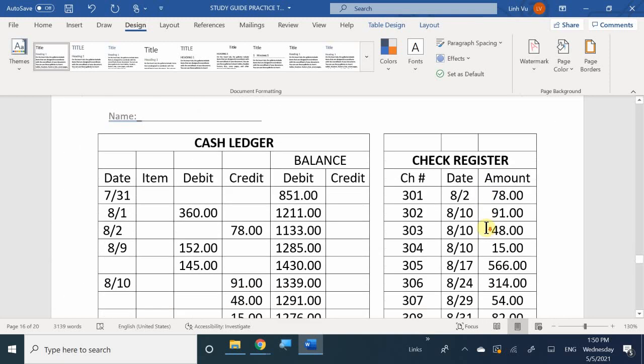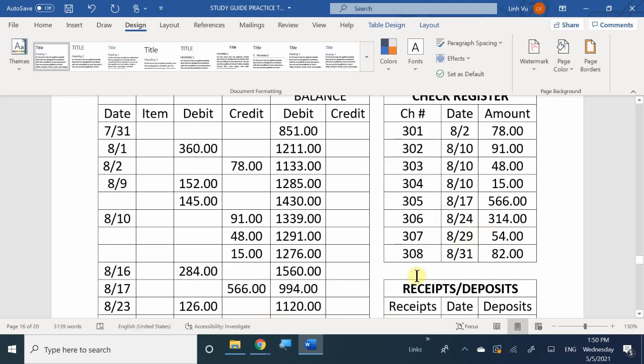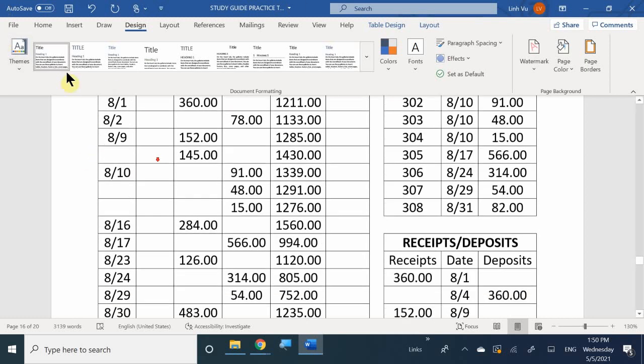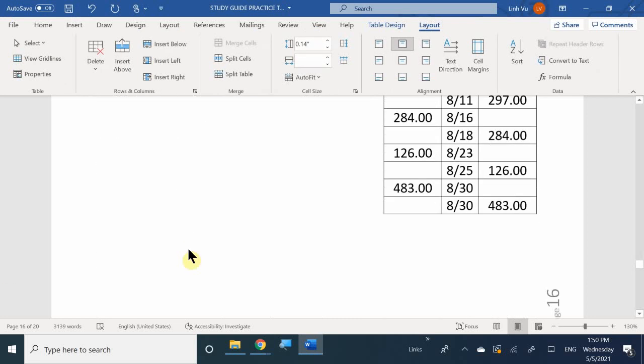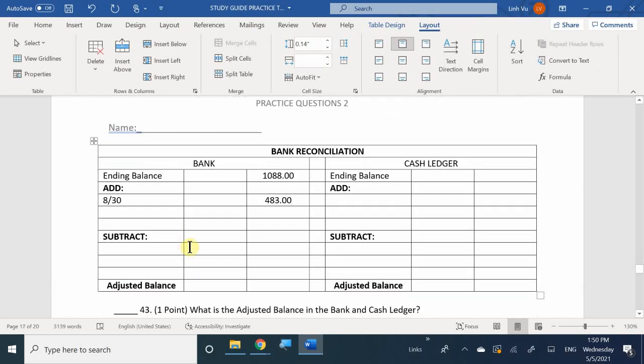Now let's take a look. What amounts were check number 306 and 307? 314 and 54. Okay, so going down here, 314 and 54.